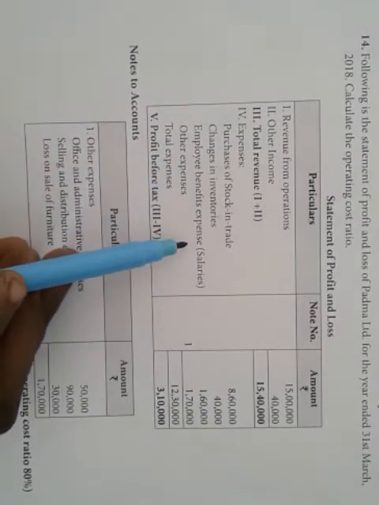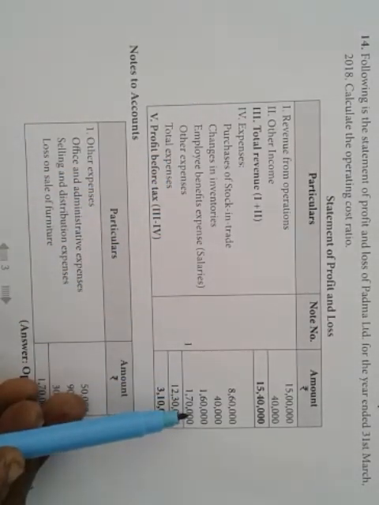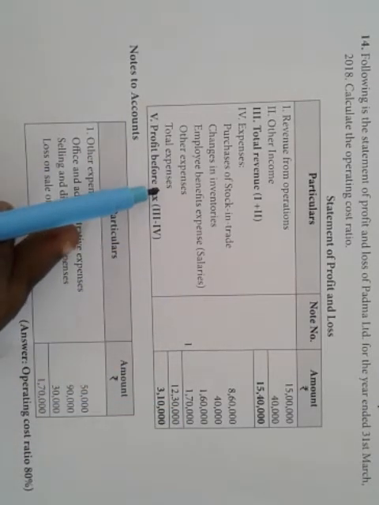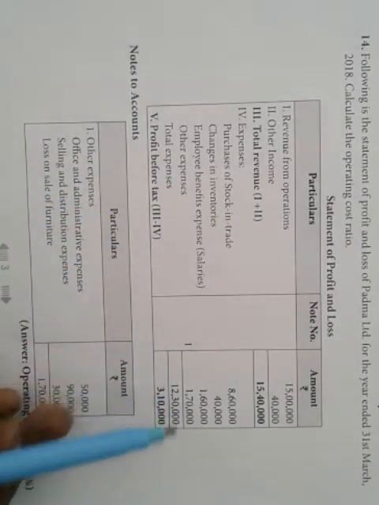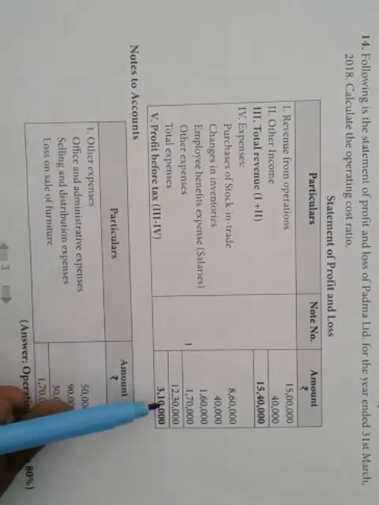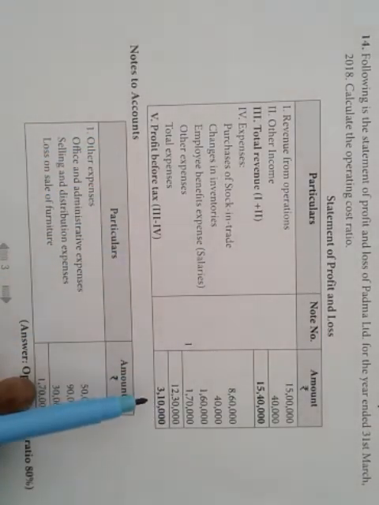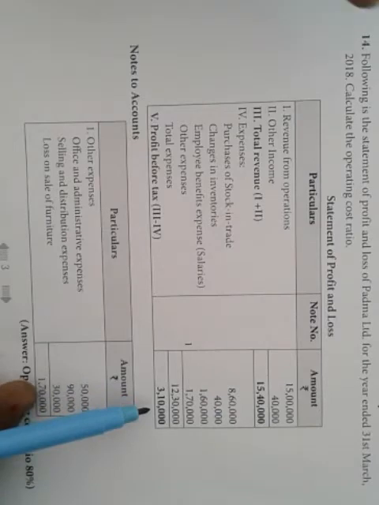Employees benefit expenses, salaries 1 lakh 60,000. Other expenses 1 lakh 70,000. So total expenses is 12 lakhs 30,000. Profit before tax 3 lakhs 10,000.